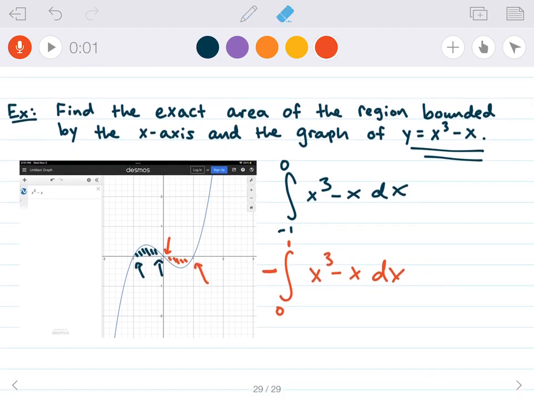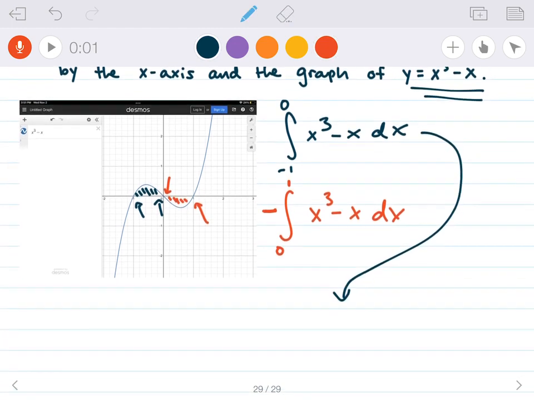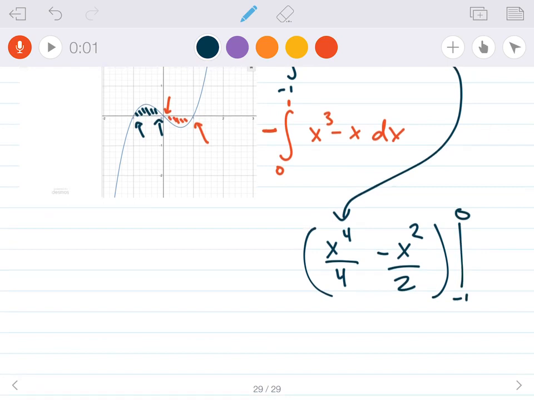All right, so the first one, I'm going to do this down here. Well, first thing, I need to take the antiderivative, so that's x to the 4 over 4 minus x squared over 2, and I'm evaluating from -1 to 0. All right, so plugging in 0 first, I get this, minus, now I plug in -1.